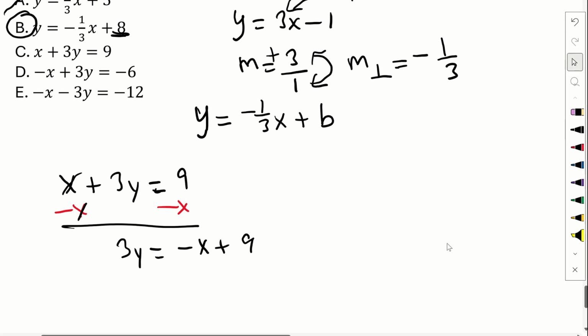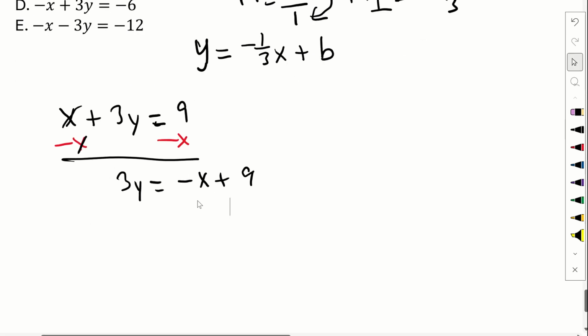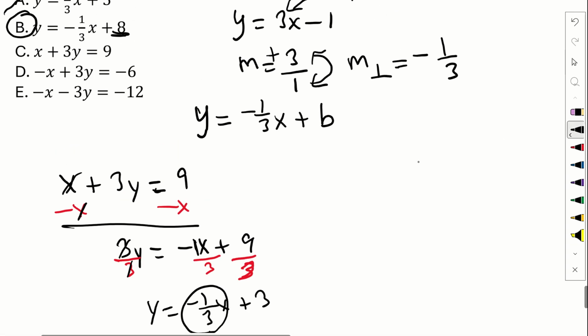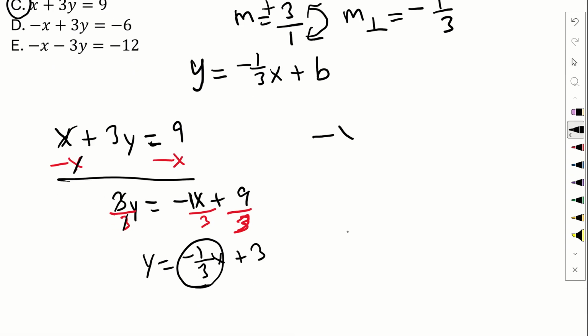We can't combine x and 9, so we just put them side by side. Then we divide everything by 3 on both sides. And we get y equals, remember there's an invisible 1 here, so this is technically negative 1/3 x, and 9 divided by 3 is 3. There's my negative 1/3, right? So that means it has to be perpendicular. So this is true.